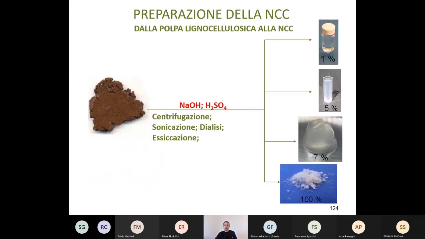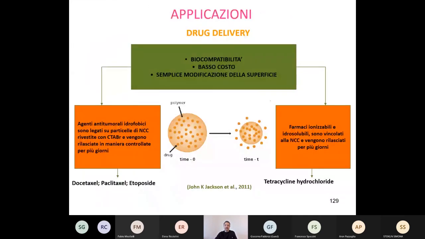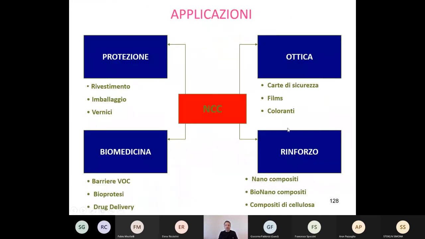I skip this part just to show you the potential applications. First, reinforcement: you can have a look at the possibilities of mixing NCC with biopolymers to reinforce these weak biopolymers. Then optical properties, which move towards documents, paper money, films, natural colorants, and so on.